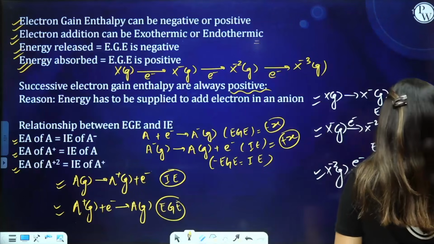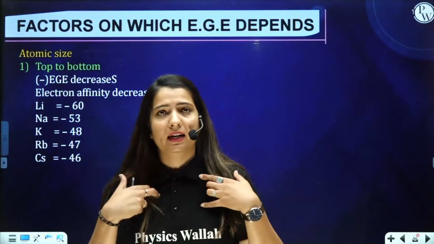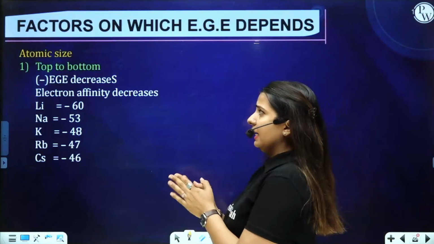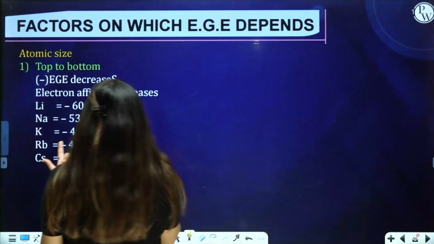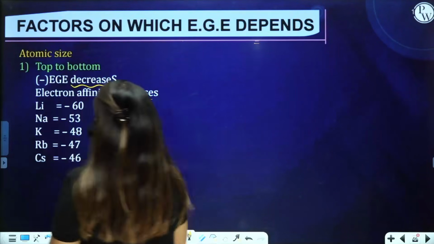Okay. Now, factors on which electron gain enthalpy depends. Let's say I move from top to bottom. Top to bottom, negative electron gain enthalpy decreases. Now, what do you understand by negative electron gain enthalpy and electron affinity?